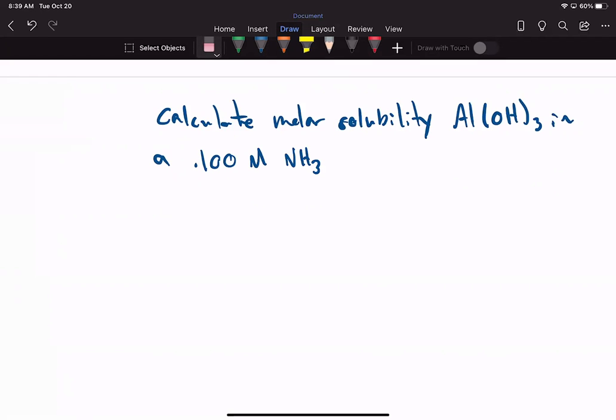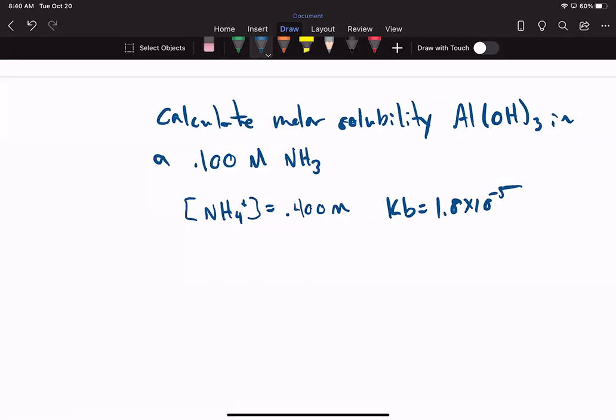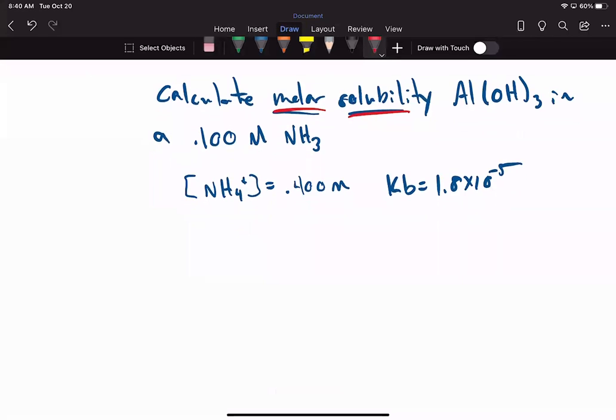We'll say the concentration of NH4 plus is equal to 0.400 molar. And let's use the Kb, 1.8 times 10 to the minus 5. Calculate the molar solubility of aluminum hydroxide in a 0.100 molar solution of ammonia.